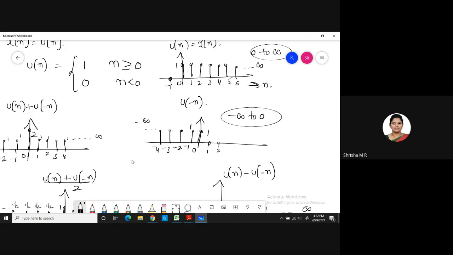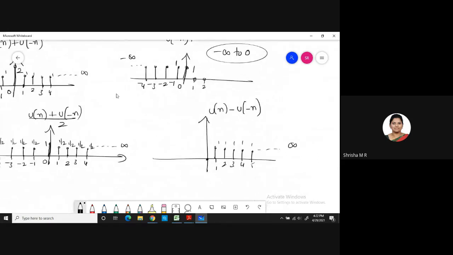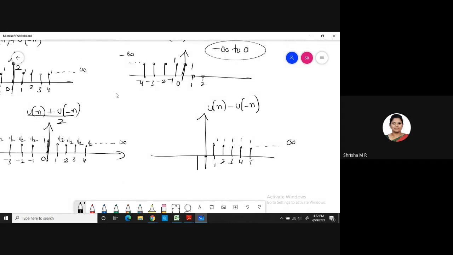For all the negative values of n, the amplitude would be -1 only. So at -1 it's -1, at -2 it's -1, at -3 also it's -1, at -4 also it's -1, at -5 also it's -1. It will go on up to -infinity. This is u of n minus u of minus n.